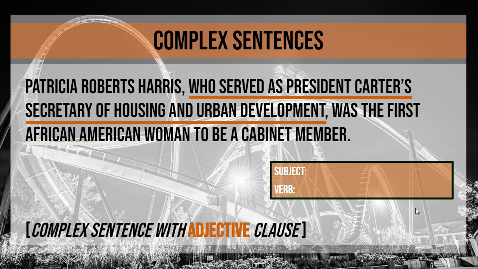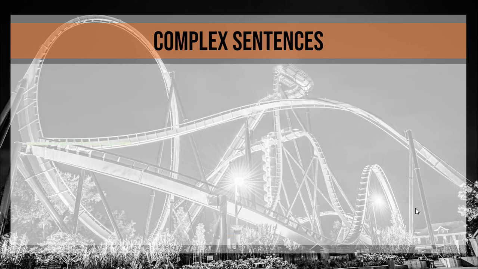And the subject is Patricia Roberts Harris. That is who the sentence is about. Then you look at the part after the dependent clause, and you find a linking verb, was. So Patricia Roberts Harris was. This is a complex sentence with an adjective clause. The subject is Patricia Roberts Harris. The verb is was. Let's move on to another example.